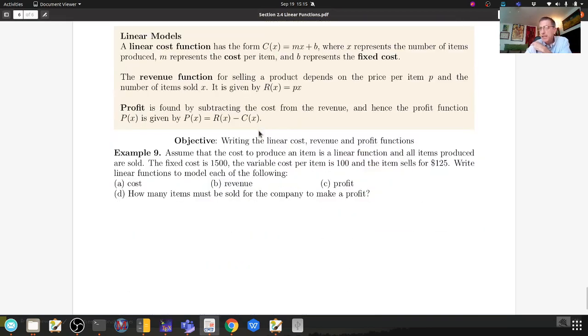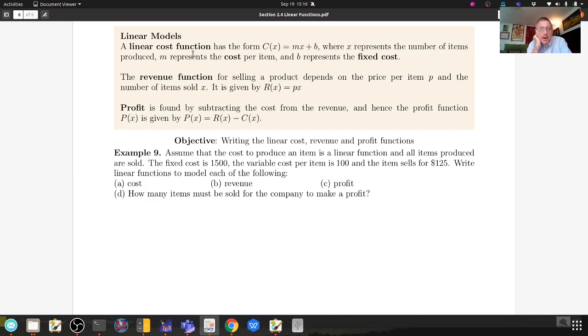So here we have a linear model, a linear cost function. This is our last example of the day. A linear cost function has the form C of x is equal to mx plus b, where x represents the number of items produced, m represents the cost per item, and b represents the fixed cost. The revenue function for selling a product depends on the price per item p and the number of items sold x.